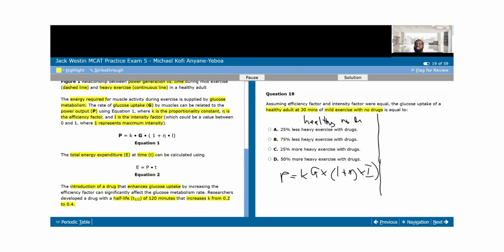And looking at my answer choices, I needed information from there because as I was doing it, I will be able to know what I'm comparing it with. This heavy exercise with drugs, right? So heavy with drugs. Forgive my handwriting, this is mild. Great.